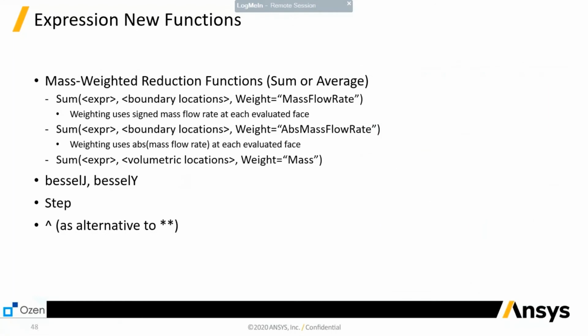On top of that, there are a lot more functions that have been added to expressions. For example, sum or Bessel or step or a new expression for power, which makes it much easier to use and more comprehensive.